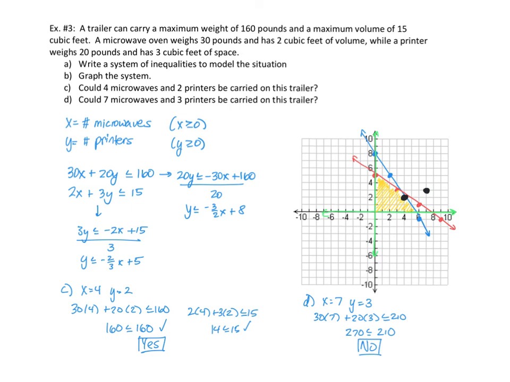We can graph each of those inequalities, and then the shading represents the region of solutions here. We can then check particular values for x and y by plugging in. To be a solution or a possible situation that would actually work, it needs to satisfy both inequalities. If it fails in one or both, then we would say that that is not a solution to our system of inequalities.